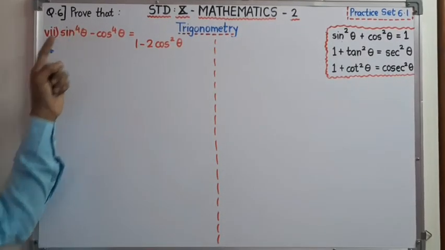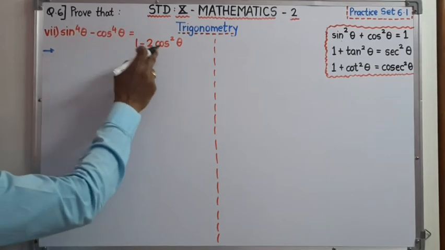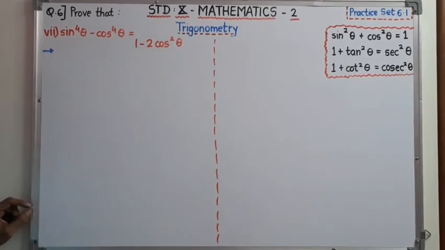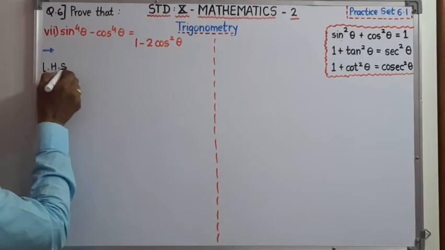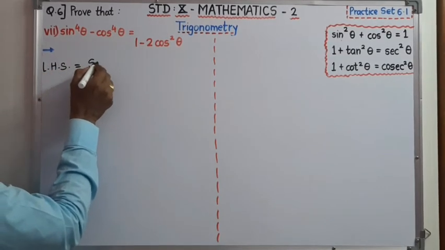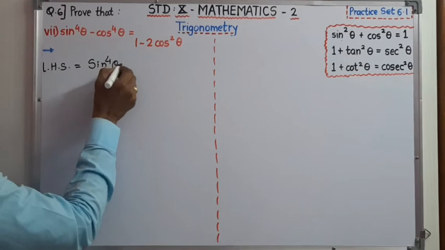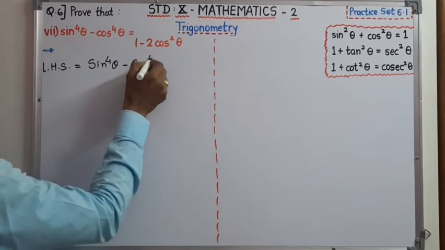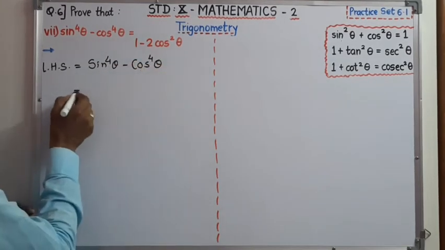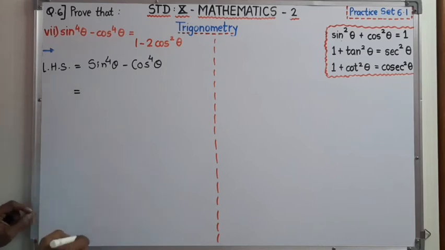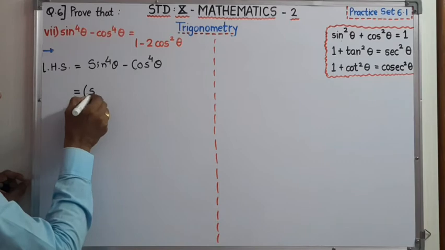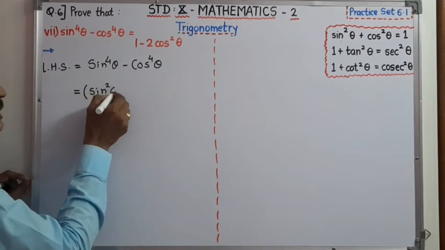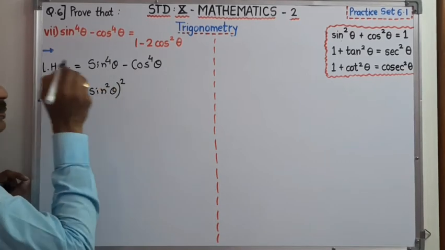Sin raised to 4 theta minus cos raised to 4 theta is equal to 1 minus 2 cos square theta. Dear student, we have to write first LHS is equal to sin raised to 4 theta minus cos raised to 4 theta. Now, dear students, see here, we can change this like this: sin square theta raised to 2, isn't it?